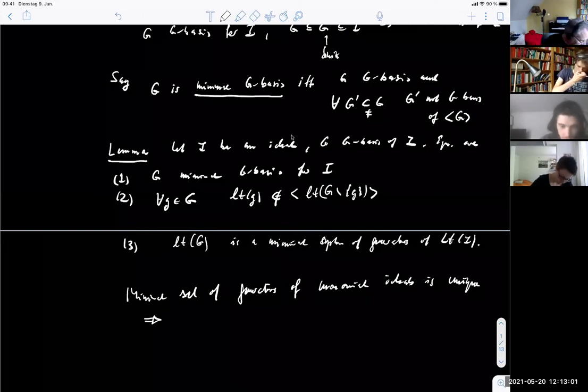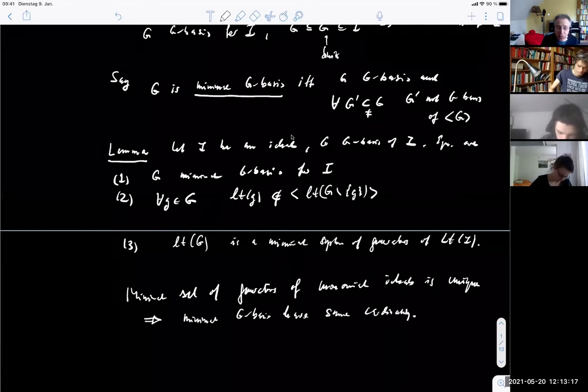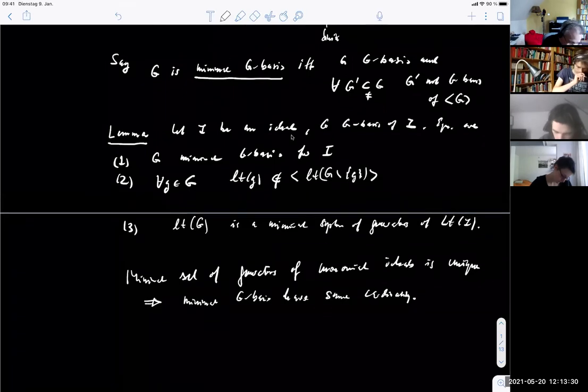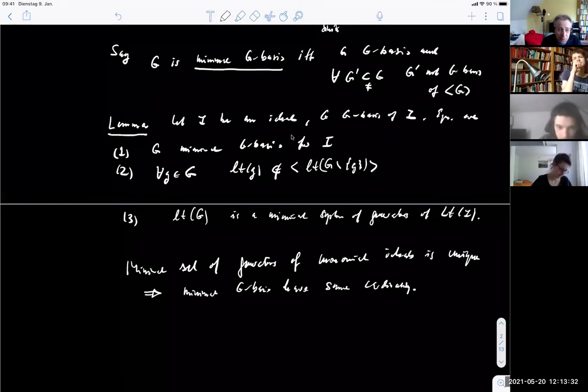A minimal Gröbner basis has the same cardinality, because the collection of leading terms of such a Gröbner basis is a minimal system of generators of the leading ideal, and this is unique. Okay, let's do an example.